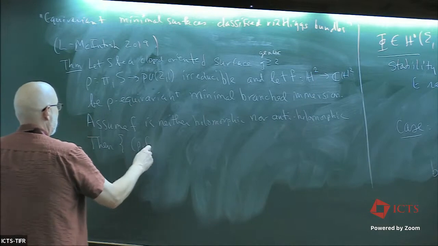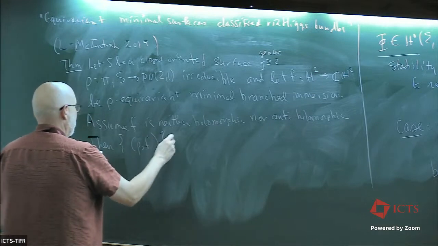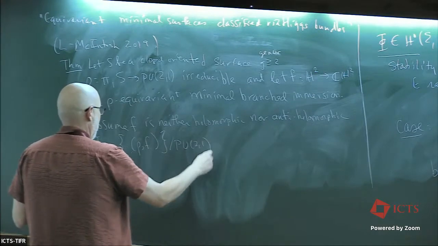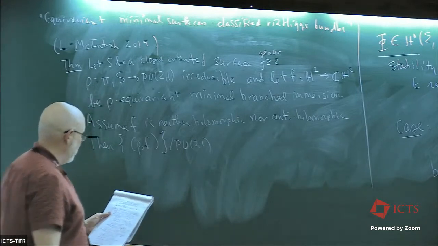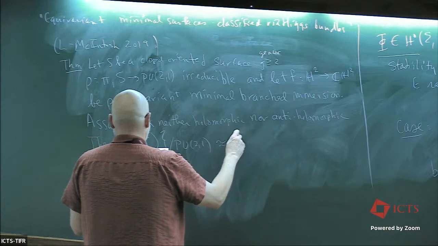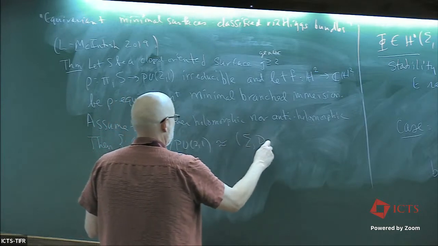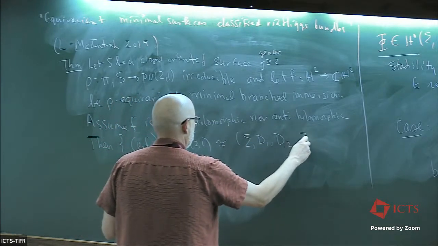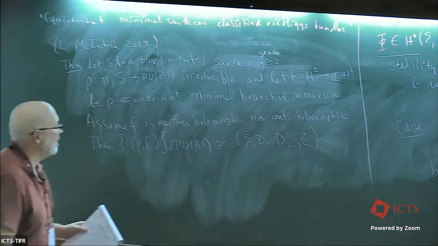Then the space of such (rho, F), modded out by an action of PU(2,1), is equivalent to the following data.